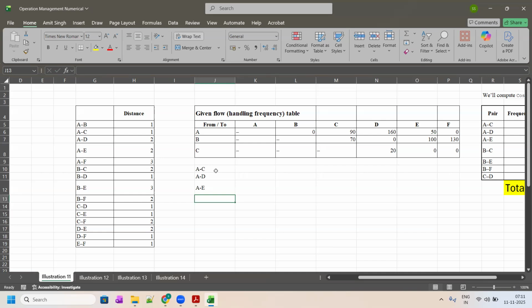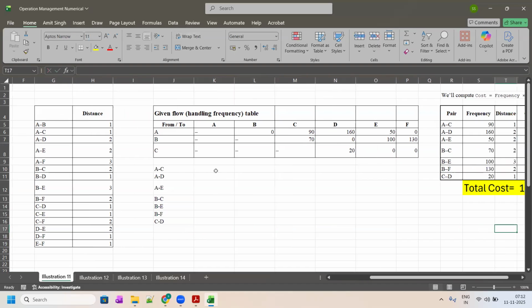Then B to C, we can take B to C. B to D is 0, don't take it. B to E, then we can take B to F. Then C to D. Then C to E is 0, C to F is 0. Leave it.